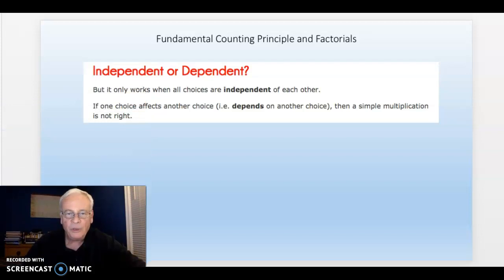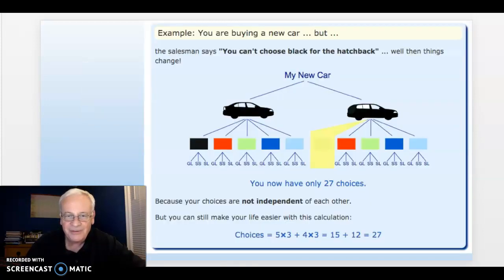Because remember, this only works if all the choices are independent of each other. If one choice affects the other, then simple multiplication is just not quite right. Keep that in mind, and we're going to talk about that a little bit in the next video. But just as a preview, look at the same example we just looked at with the car. Suppose the salesman says you can't choose black for the hatchback.